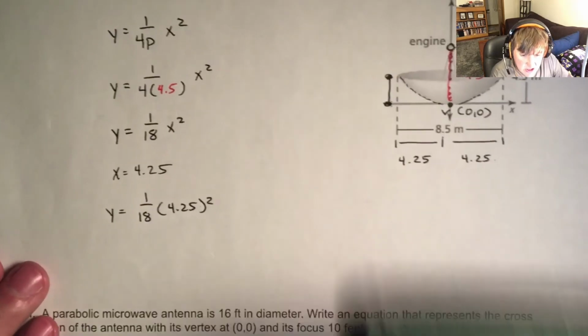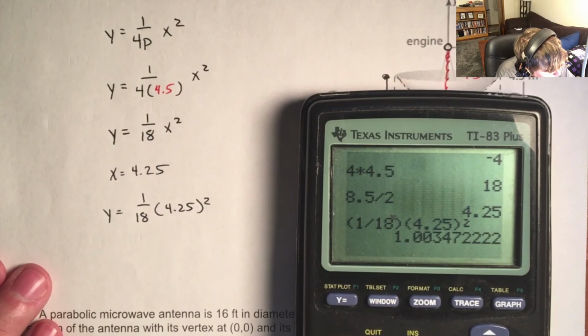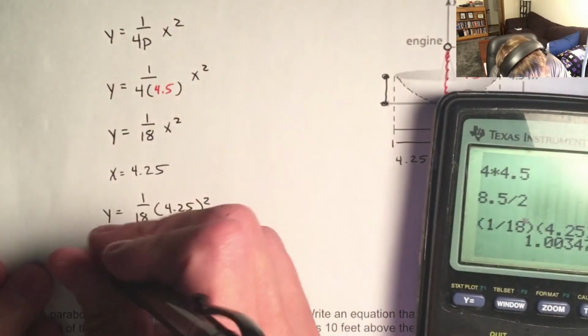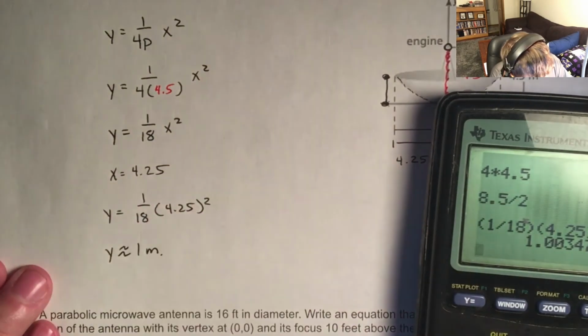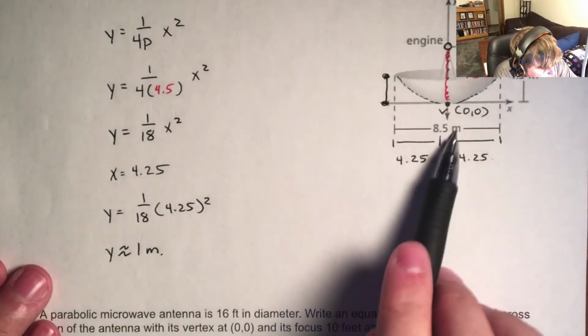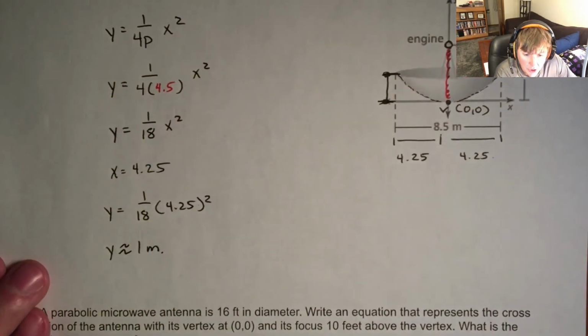I'm just going to use the calculator for that. So about 1.003, so it's about 1 meter based on our units here. So the depth of this dish is about 1 meter altogether.